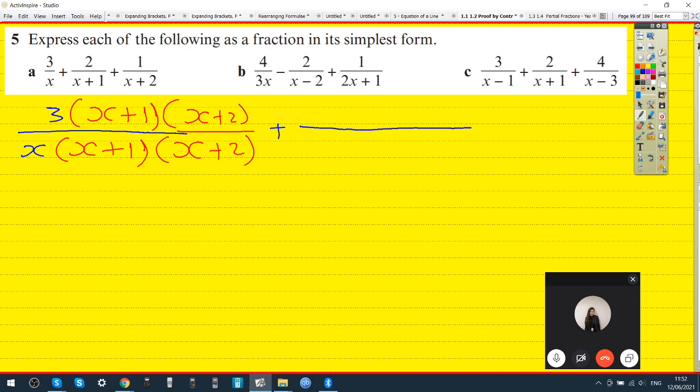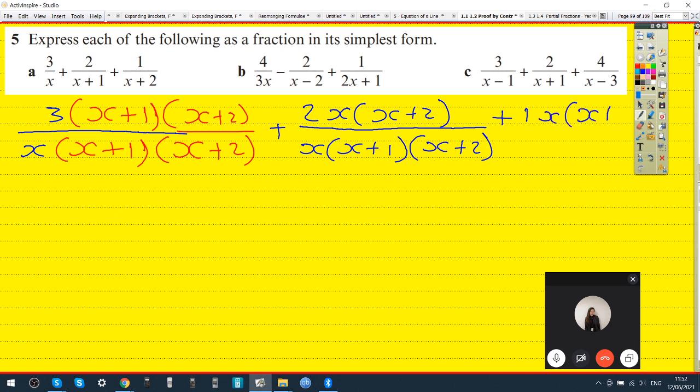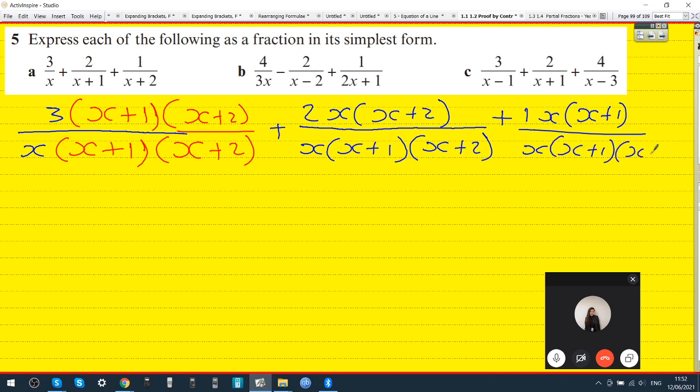The middle one would be 2 multiplied by x, 2 multiplied by x plus 2. And the bottom would be x plus 1 multiplied by x, then multiplied by x plus 2. And the right one? 1 multiplied by x, 1 multiplied by x plus 1, and then over the same again. So they already have one piece of the puzzle each, and you have to multiply by the other two. Then we bring the whole thing together, and it's going to be good.